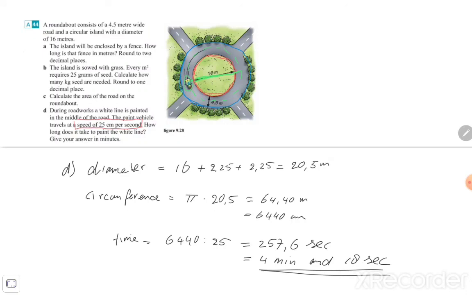So that's the answer for exercise D, and they want your answer in minutes. You can say it is 13,5, because if you divide this one by 60, you get 13,5 minutes, because they want to ask you just in minutes. In minutes is enough. So 13,5 minutes is exactly the same as 13 minutes and 30 seconds.